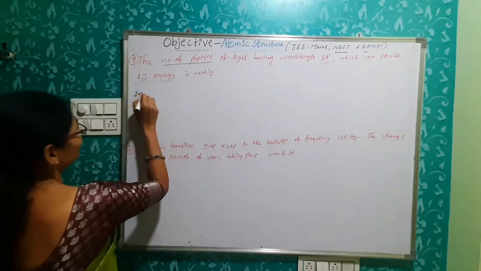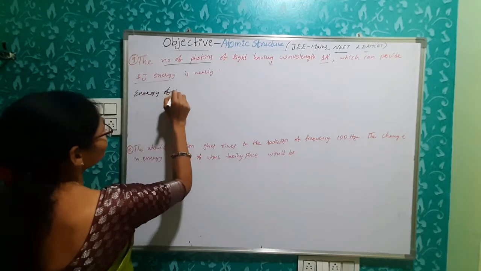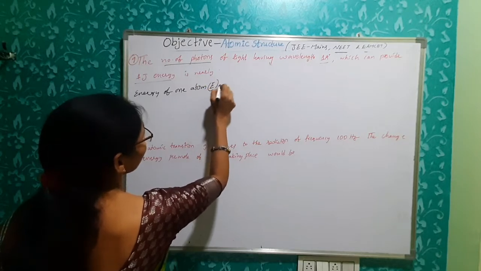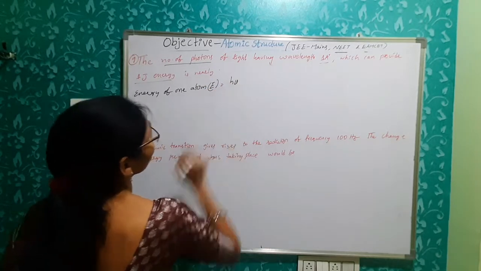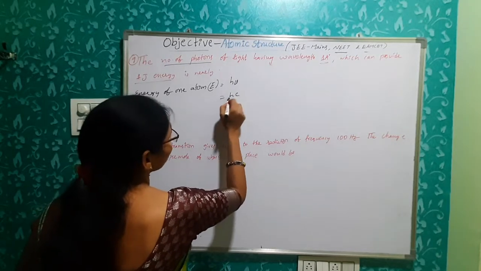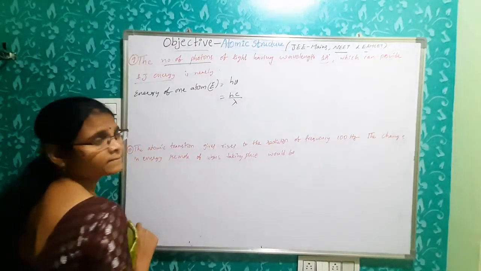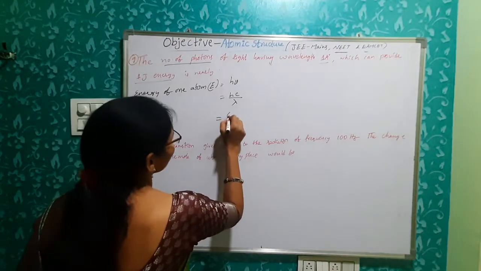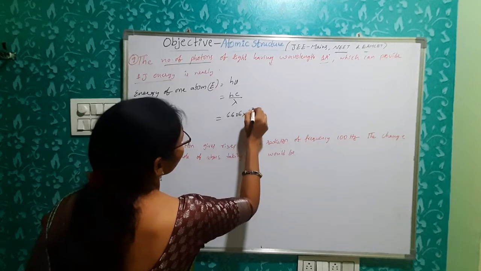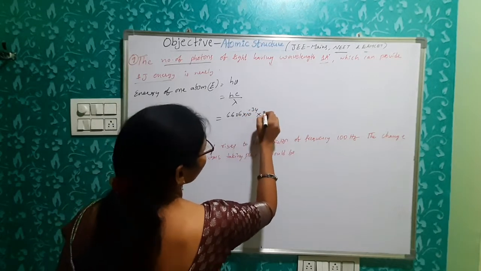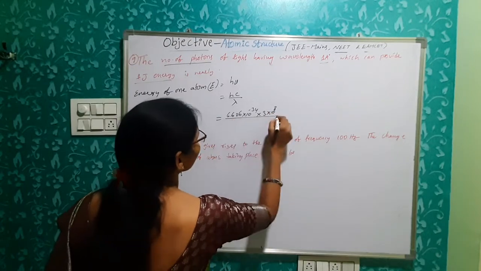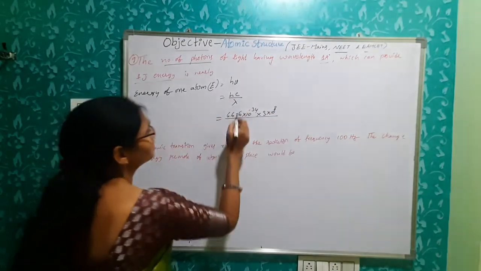Simply, the energy of one photon, we know very well, is equal to h nu, so E is equal to hc by lambda. h is 6.626 into 10 power minus 34 joule second, c is 3 into 10 power 8 meters per second, the velocity of light.